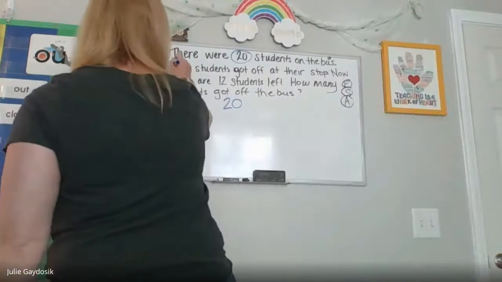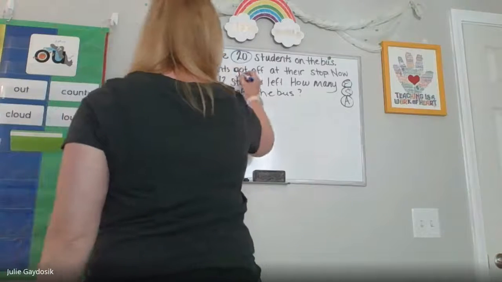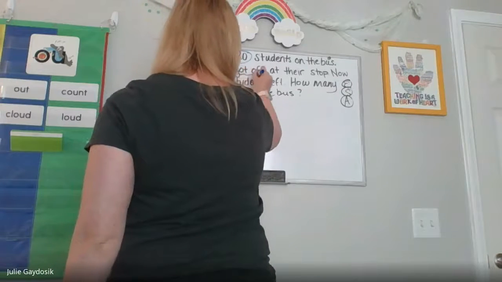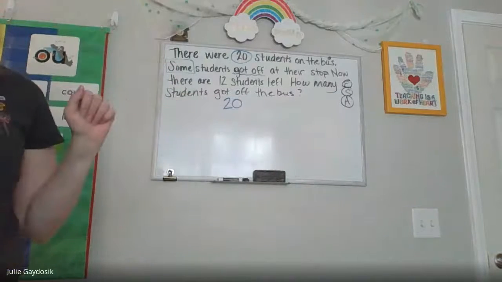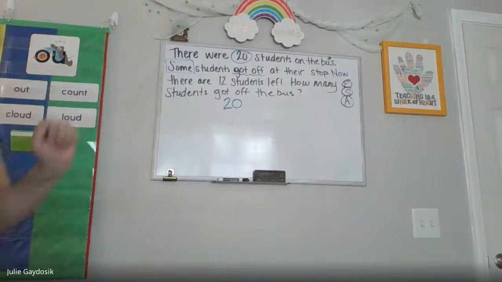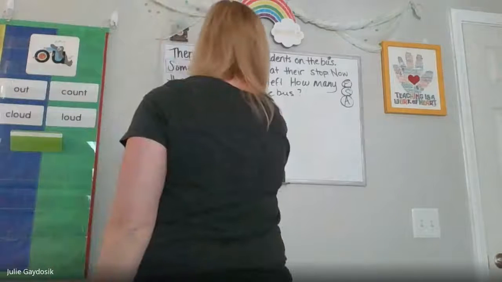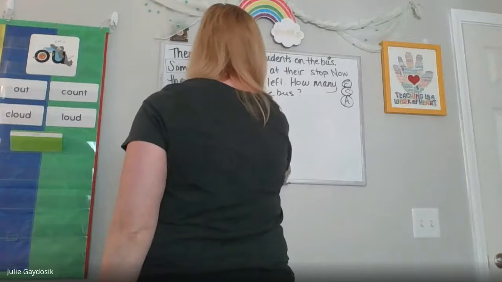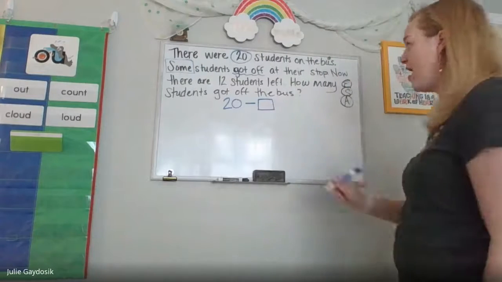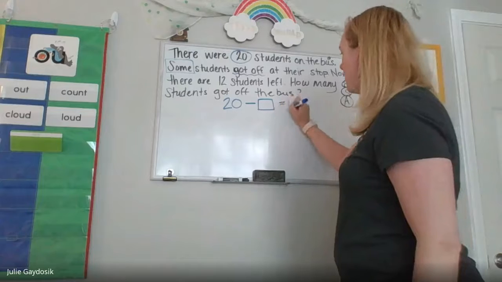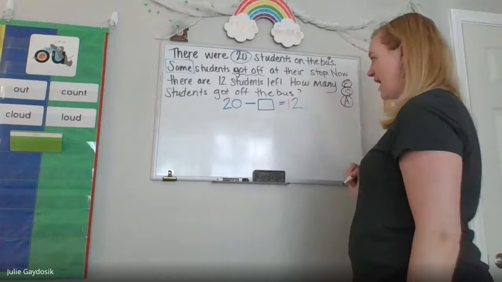Some students got off. So if they got off, they left, we're talking about subtraction. So we're subtracting the some that got off the bus, okay? And now there are 12 left.